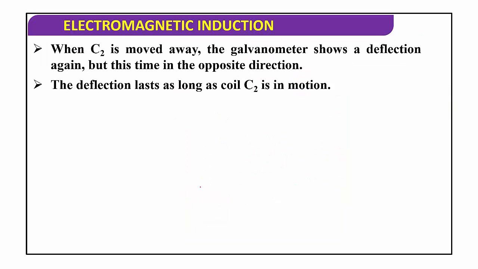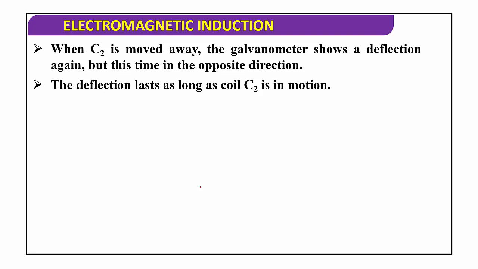Observe the second point. The deflection lasts as long as coil C2 is in motion. That means electric current is present in the first coil. We can generate electric current in the first coil until the coil C2 is in motion. If the second coil comes to rest, then the electric current decreases and reaches 0.